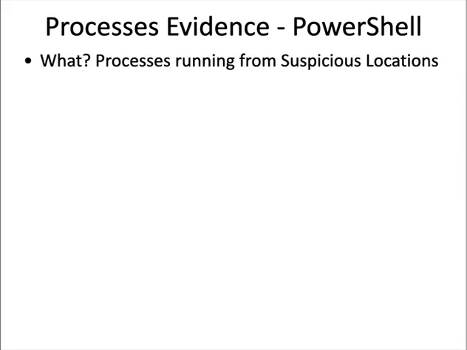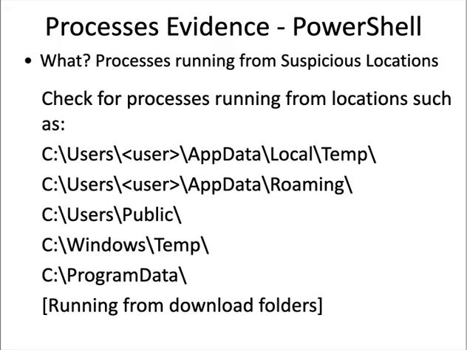Now, for PowerShell, the process we would go through is we would look at the processes running on the machine, and we would check for things that were running out of temp directories, public directories, legitimate looking directories like ProgramData, where our other executables run from, or possibly the roaming directory. Things running out of these directories often would be suspicious. So that finishes up this lecture on evidence collection.